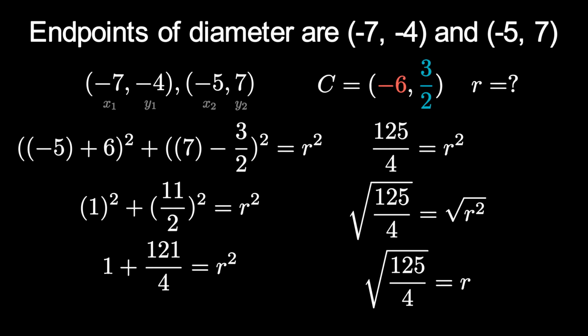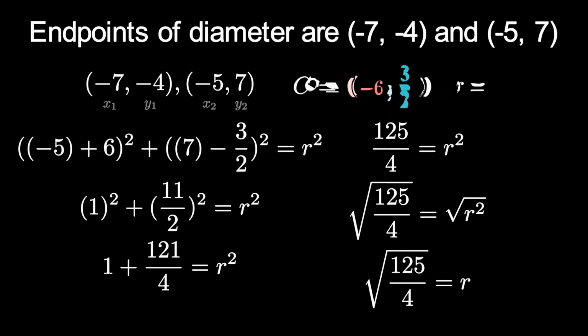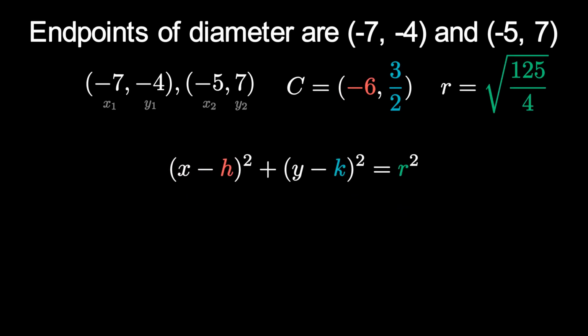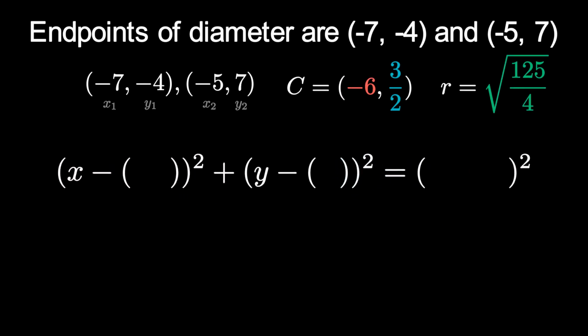So now we have everything that we need for this equation. We have the center, (-6, 3/2), and we have our radius being the square root of 125 over 4. So now we can just plug in everything. Remember, we'll plug in the -6 to our h, the 3/2 into our k, and the square root of 125 over 4 into our r.